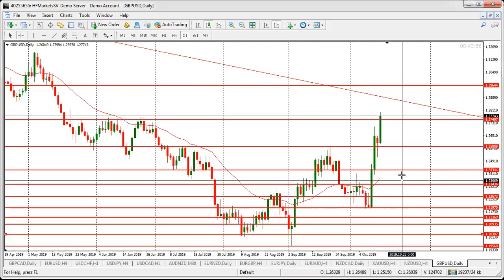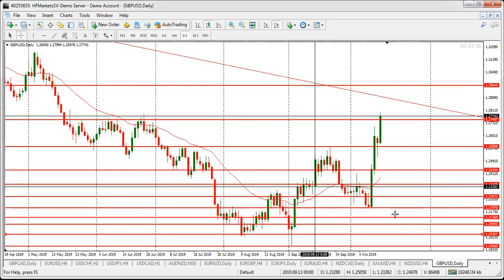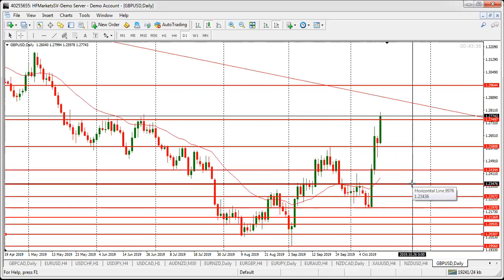And one thing I found out is that between one level and the other, you have good pips to make yourself happy for the day. For example, between here and here is 77 pips. You'll be happy with that, won't you? Sure.